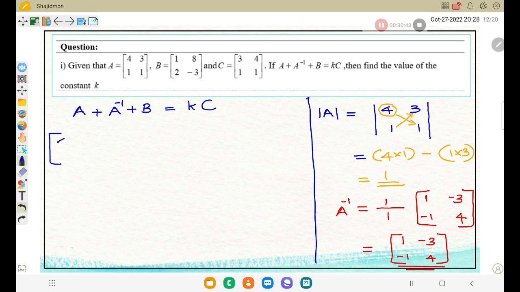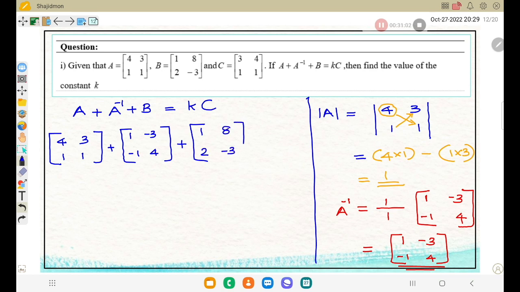Apply 4, 3, 1, 1, plus the A inverse matrix we just calculated, 1, minus 3, minus 1 and 4, plus the B matrix given in the question, 1, 8, 2, minus 3, equals k times the C matrix. What is the C matrix in the question? 3, 4, 1 and 1.